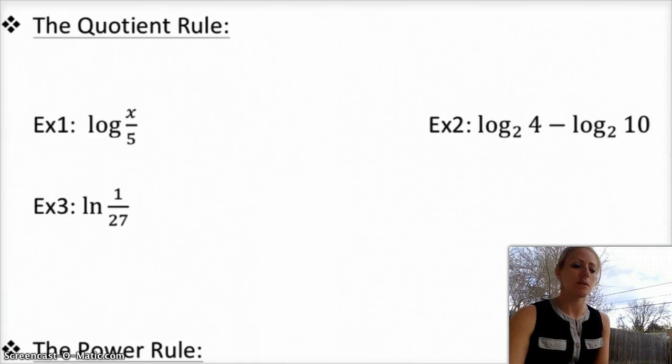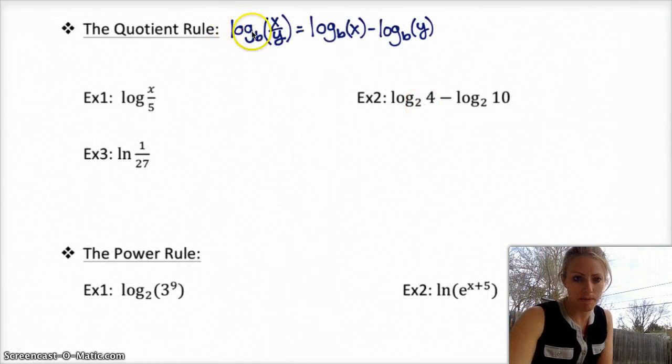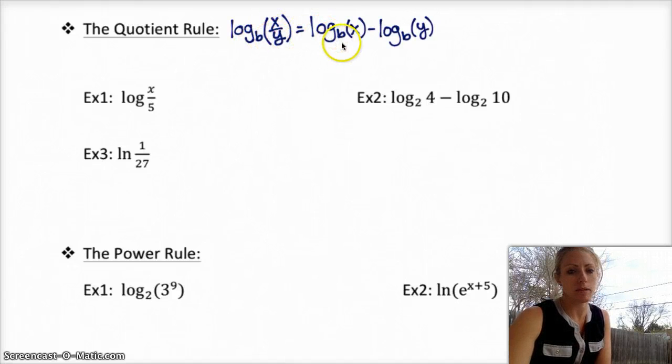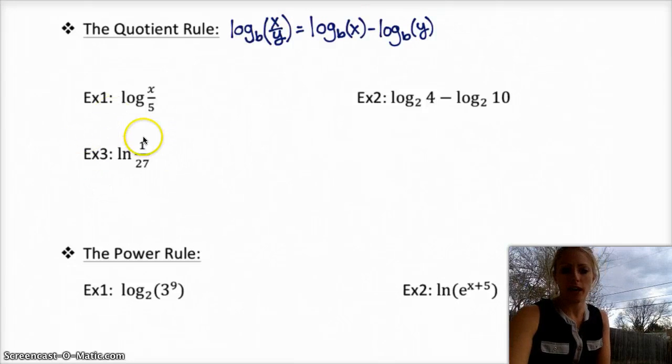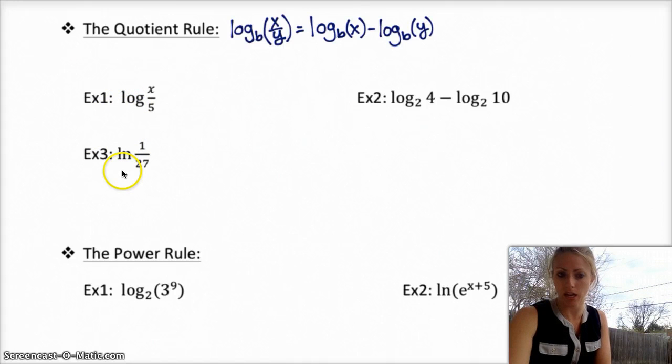I'll show you what that looks like. You see I have log base b of x over y. It's log base b of x minus log base b of y, not the other way around. So it's always the numerator minus the denominator. Go ahead and try to expand numbers 1 and 3 and condense number 2.